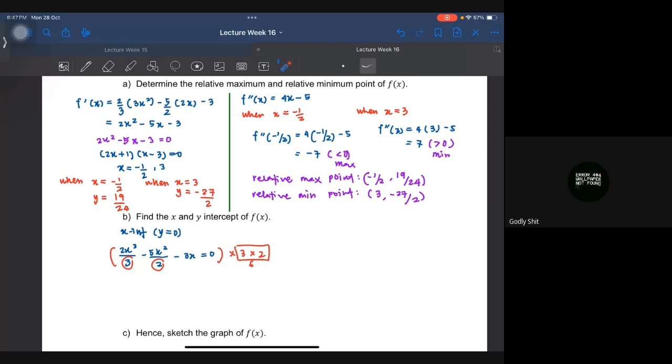Dia akan jadi 4x cubed. Okay, and then next one, second term awak dia akan jadi 5 times 3 is 15x squared. Okay, and then next one, negative 3 kita dia akan jadi negative 18x right now. Okay, equal to 0.